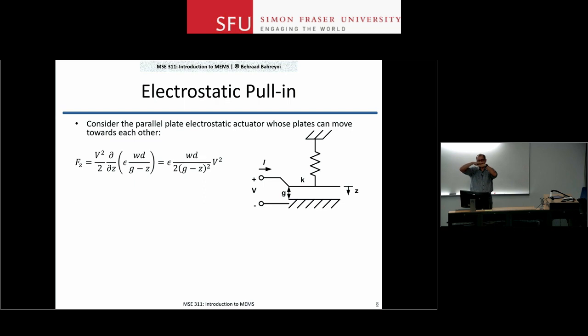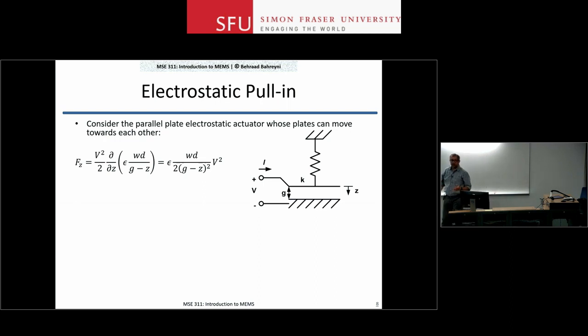So it wants to move a little bit further to compensate for that 0.5 nanonewtons. And then if it moves further closer to the bottom electrode, you get more force and more force. And at some point, the force you get is so large that your mechanical spring that was holding the top electrode up cannot compensate for it. Essentially, the attractive force will become much larger than your restoring force, and the two electrodes collapse.